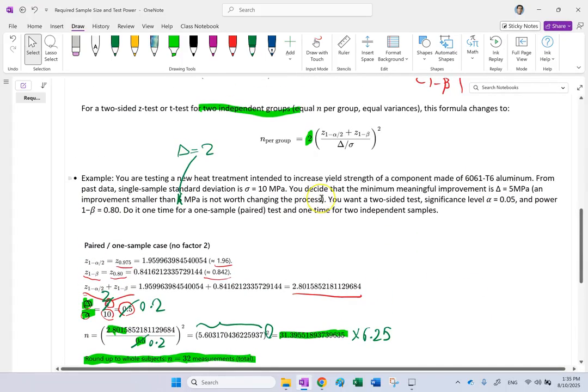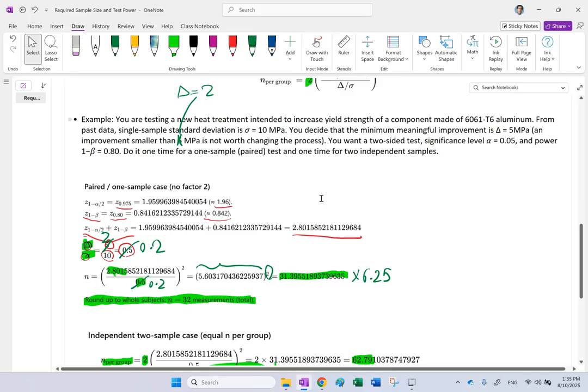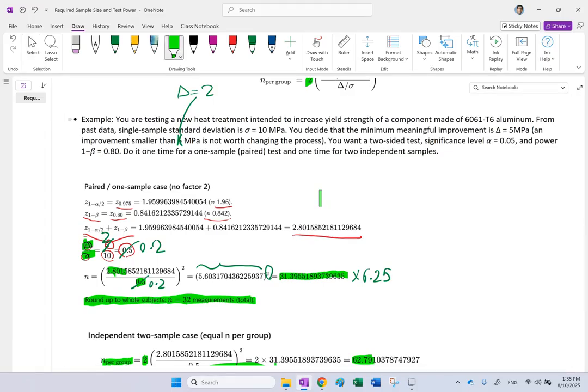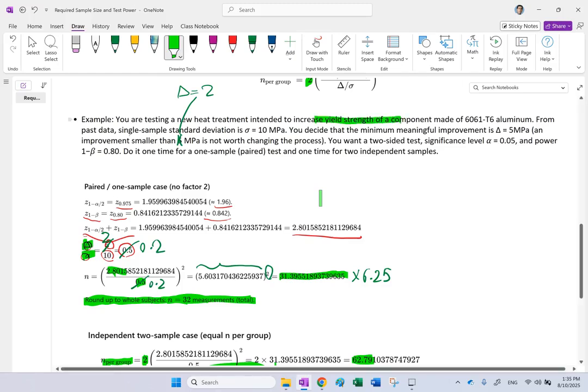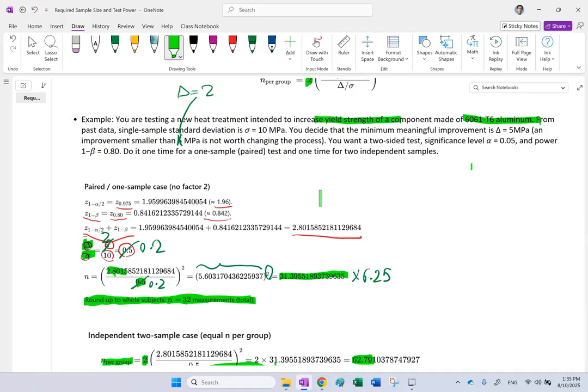Now, in this example, if we go back and look at the example, can I do a paired t-test? Well, it depends on how you measure the tensile strength, or the yield strength. If the way to measure the yield strength is not a destructive method, so the specimen that you used before the heat treatment, you can again use after the heat treatment and get the yield strength, then yes, you can do it.